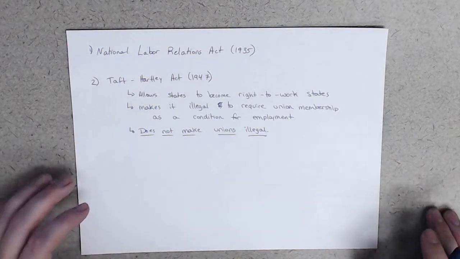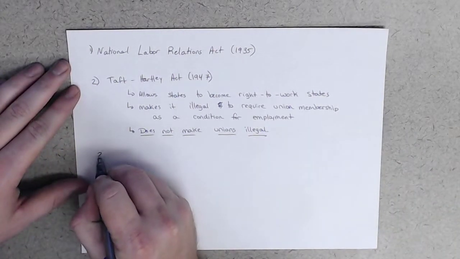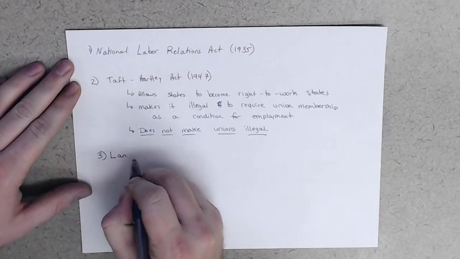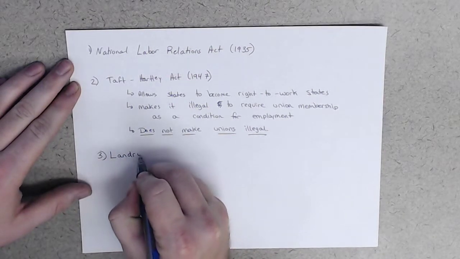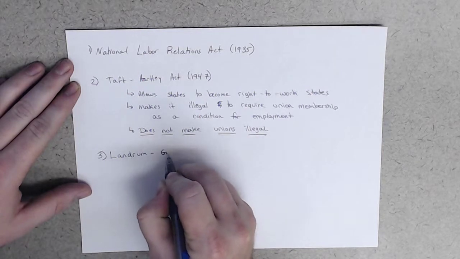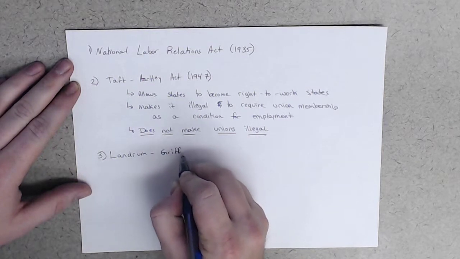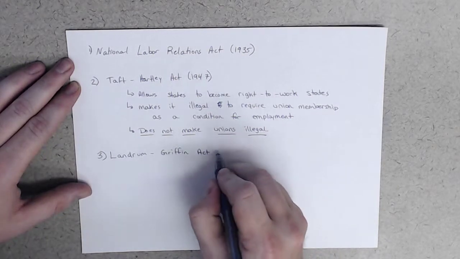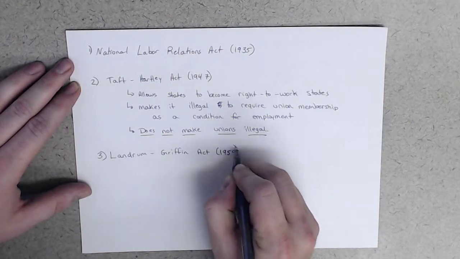Okay? Now, there were a couple other acts that I want to go through real quick. The third one is the Landrum-Griffin Act, which was passed in 1959.